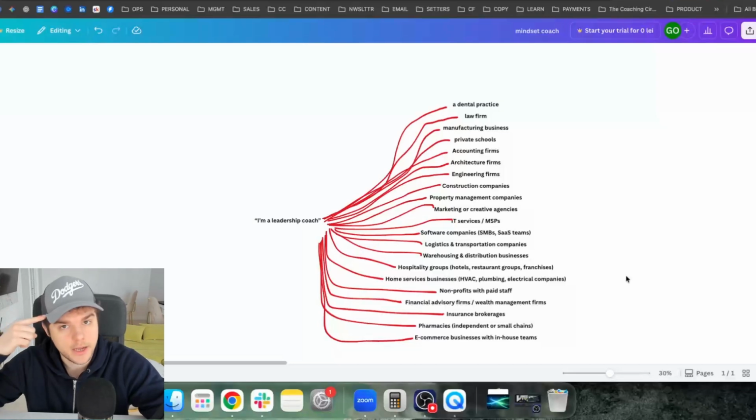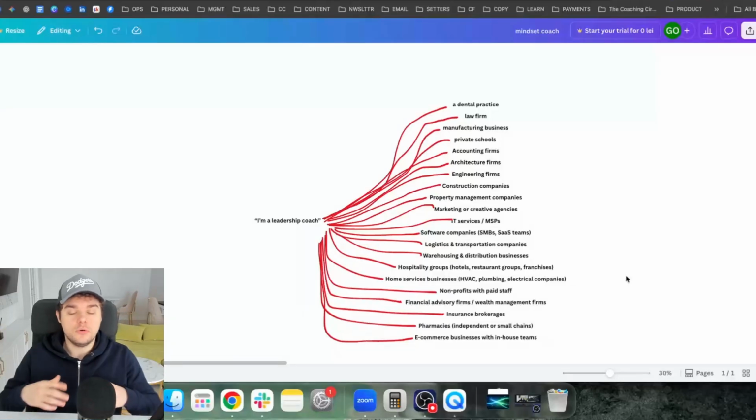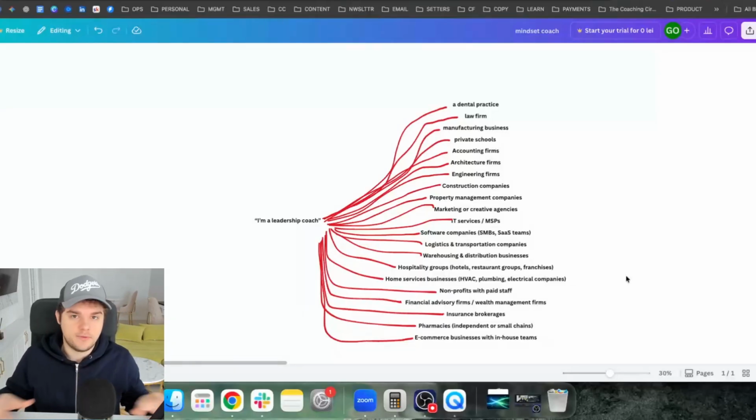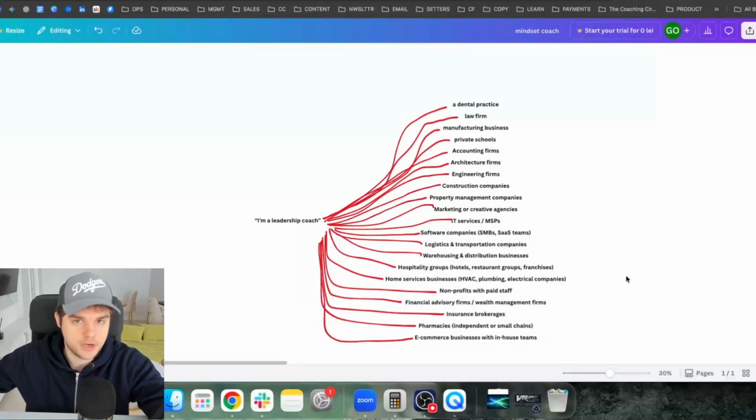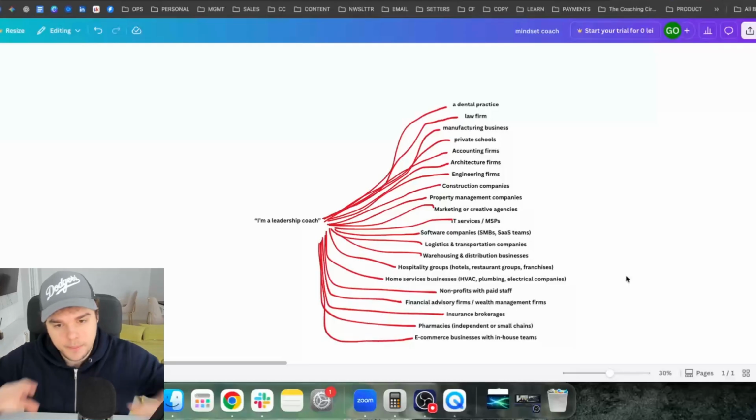So in your mind, you probably know who your ideal client is. But when it comes to advertising yourself, trying to get clients, making offers, you are not specific enough, and you are so broad that you don't even have an ideal client when you're advertising yourself, even though in your mind you probably have an idea of who your ideal client is. So this is what happens, okay?